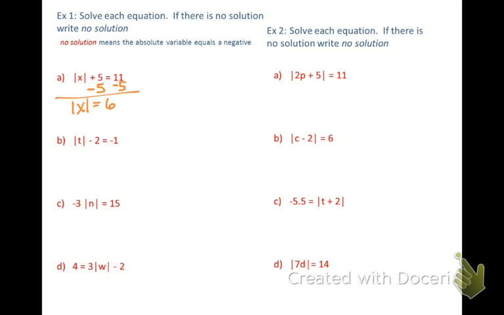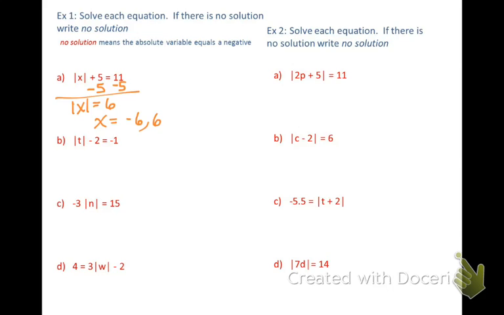Now, to figure out what x equals, we need to figure out how far away from 0 is 6. So the answers would be negative 6 and 6, because the absolute value of negative 6 is 6 and the absolute value of 6 is 6.